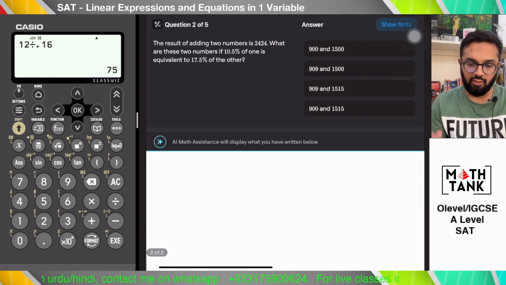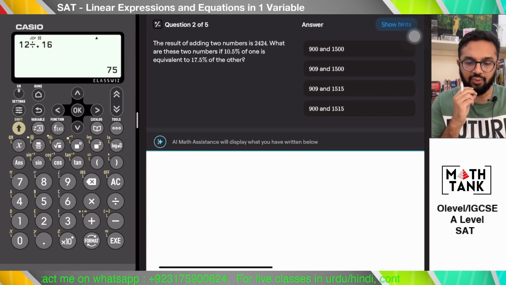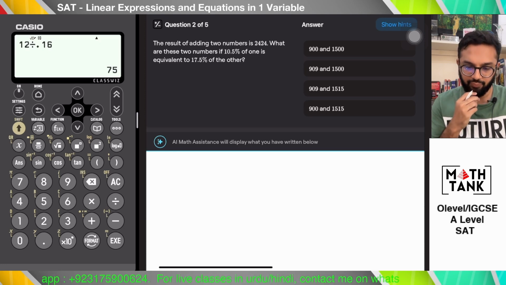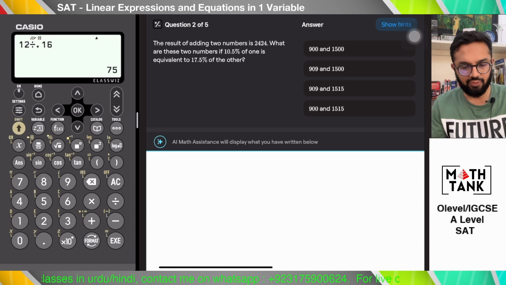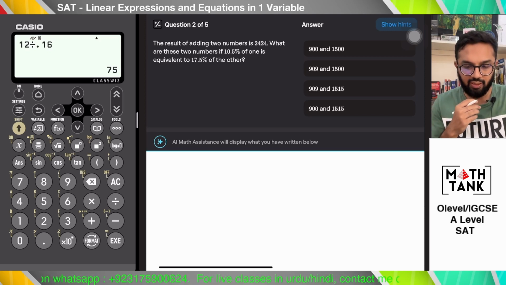Correct. Okay. The result of adding two numbers is 2424. What are these two numbers if 10.5% of one is equivalent to 17.5% of the other?